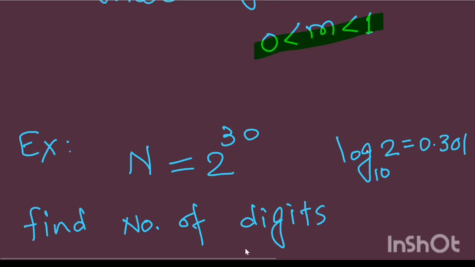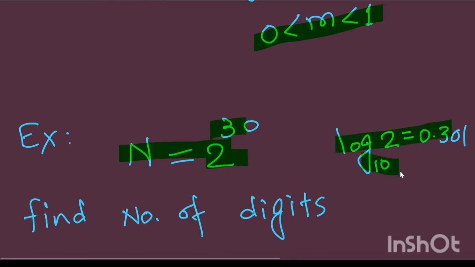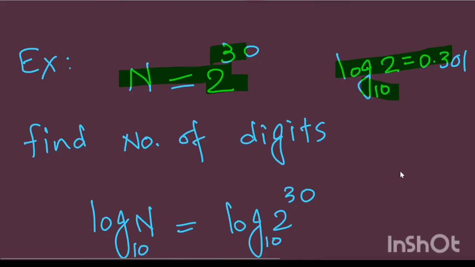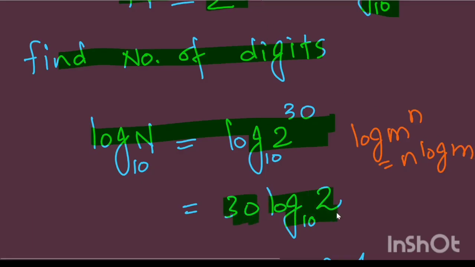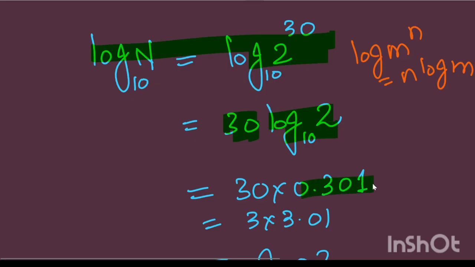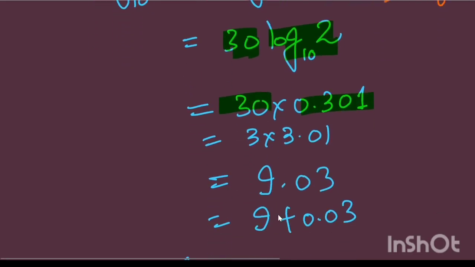So guys, let's take another similar example, where n is 2 to the power 30 and the value of log 2 is given as 0.301. We have to find the number of digits. As usual, we take log, and using log m to the power n, which is n log m, 30 will multiply log 2. Substituting the value gives 9.03, which is 9 plus 0.03.